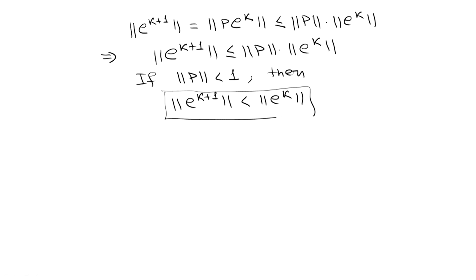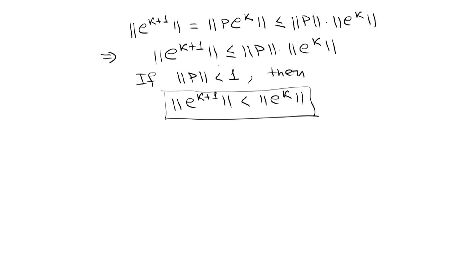This tells us that whatever error you are having in the first iteration, in the second iteration you will be having less error. Whatever error you are having in the second iteration, in the third iteration you will be having less error, meaning you are going towards the exact solution, and this is happening due to this condition.